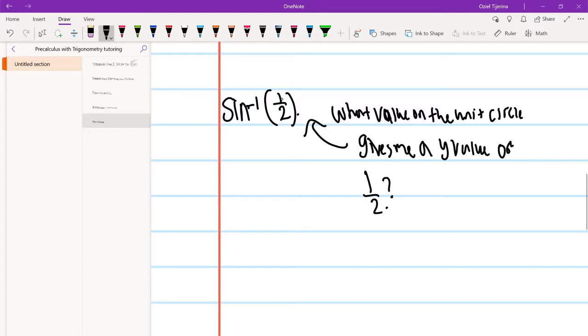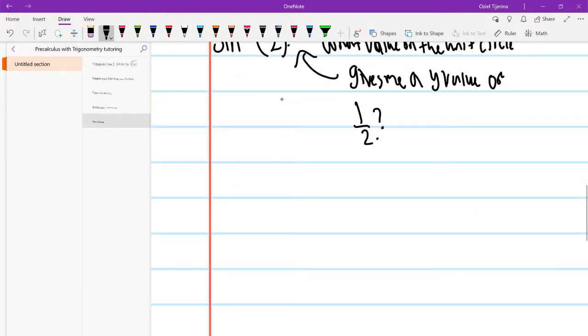If you remember your unit circle, there's a little memory trick I used to remember it, at least the first quadrant. You would say pi over 2, pi over 3, pi over 4, pi over 6, 0. So it'd be like 2, 3, 4, 6, 0.